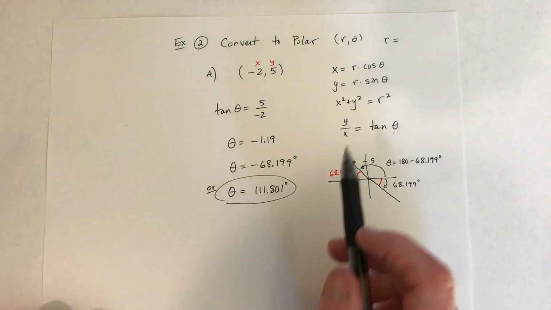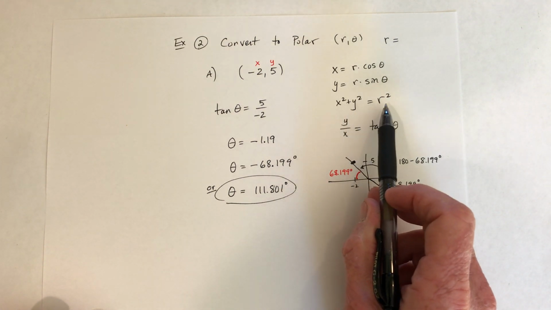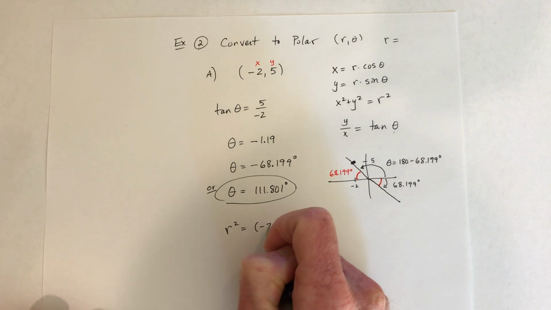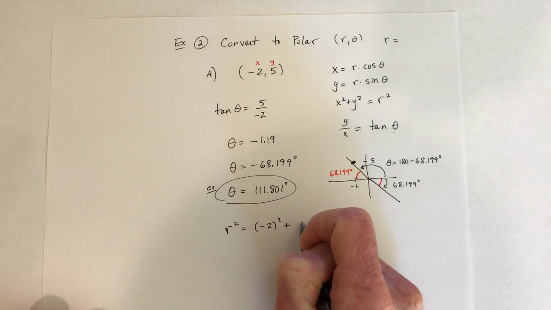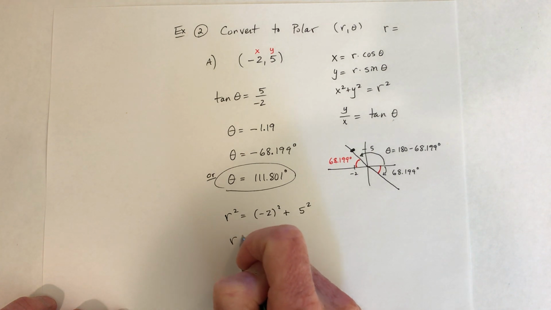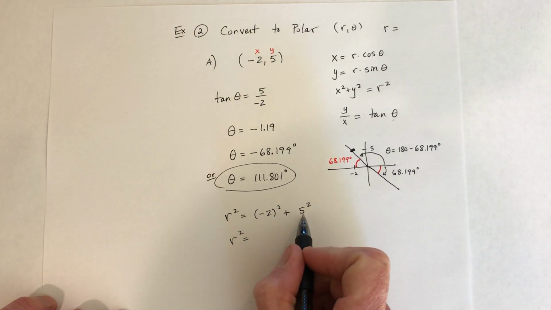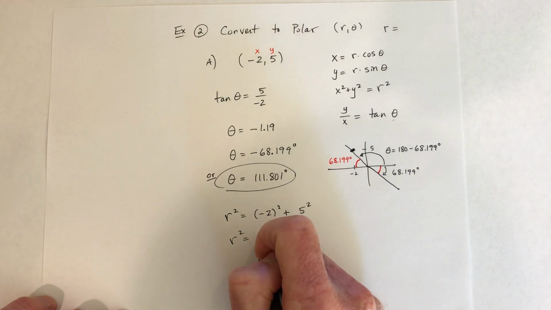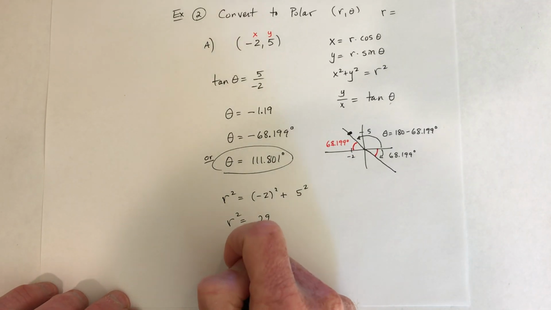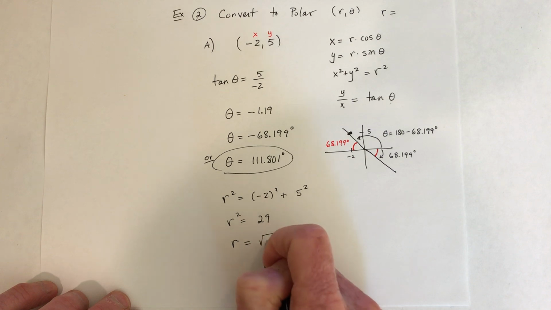Now the other part is we need to find r, and for that I'm going to use this formula. So r squared equals the x squared plus the y squared. And then this is going to be 4 and 25, so that means that it's 29. And then we're going to use the positive square root.